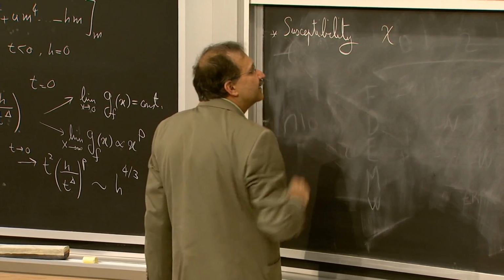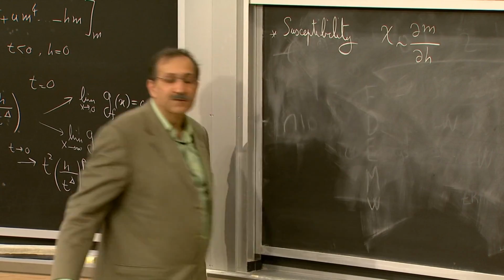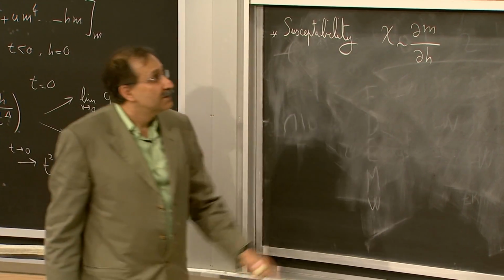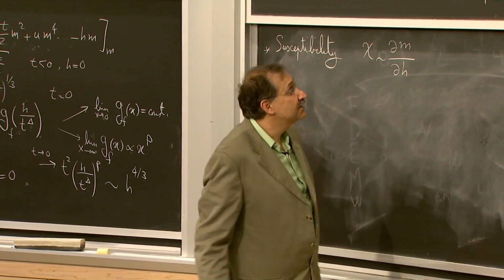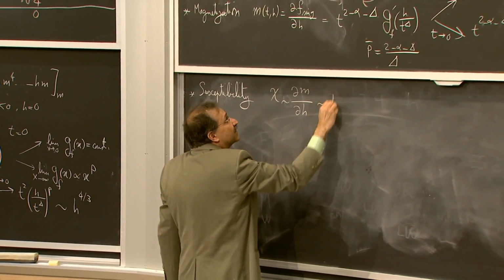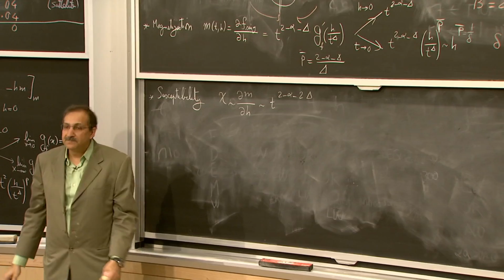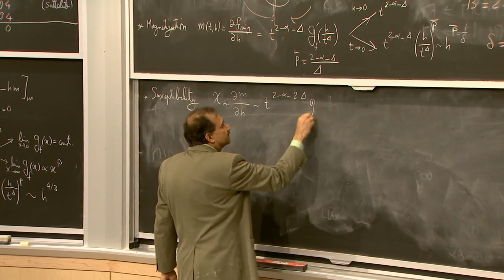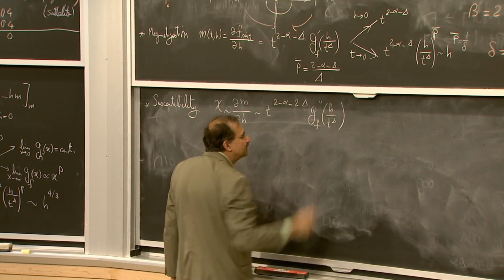That is chi, which is the derivative of magnetization with respect to field. I have to take another derivative of this function. Taking another derivative with respect to h will bring down another factor of delta. So this becomes minus 2 delta, some other double derivative function of h to the delta.